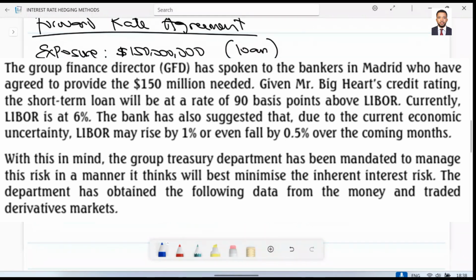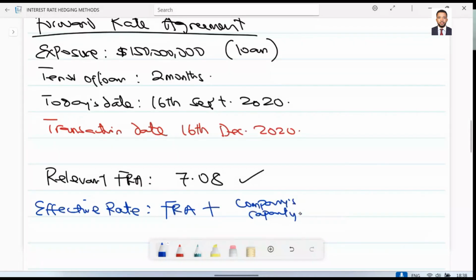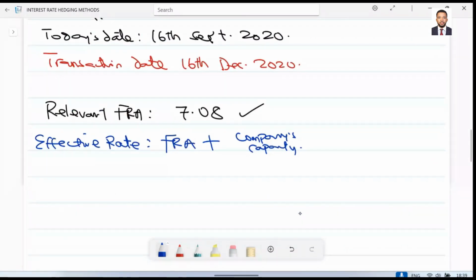So now what I'm hedging against is actually that LIBOR, because that's what will move up and down that can affect me. But as far as this capacity is concerned, nothing can change that. Are we together? So the moment you identify this, you just replace the LIBOR with FRA, and this one is the company capacity, which is how many basis points here? 90. So now we have determined the effective rate. So we just do our effective rate becomes 7.08, abi?